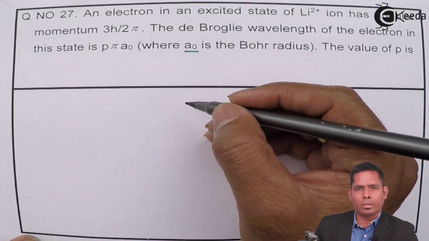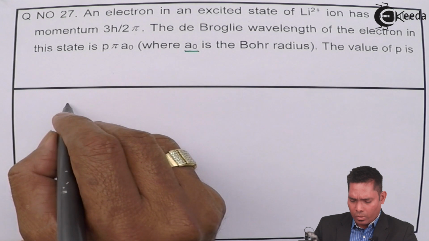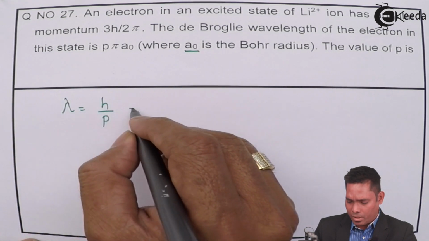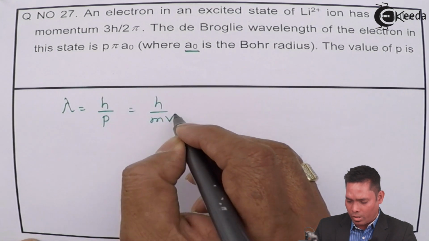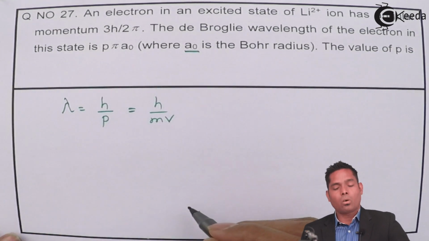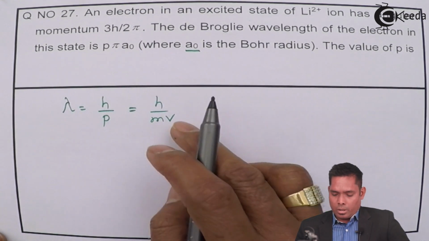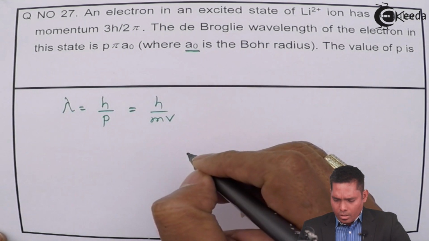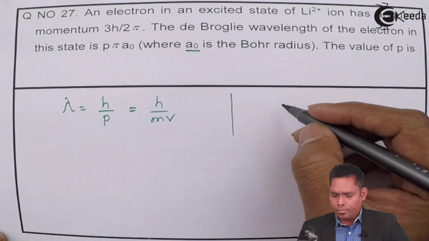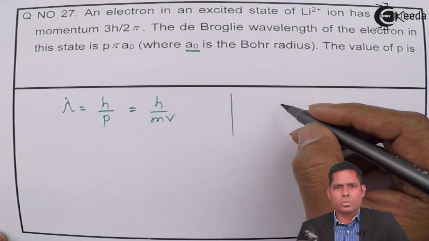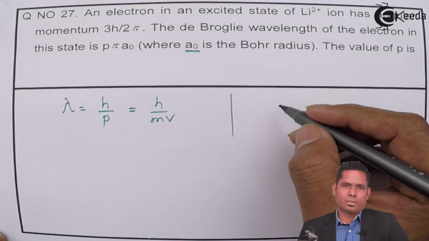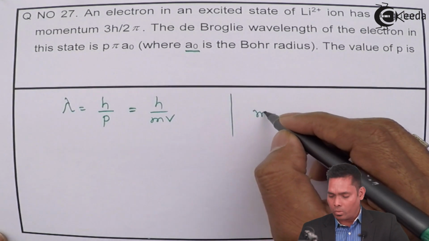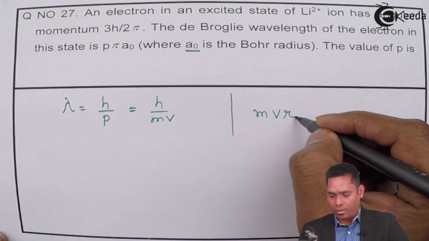So to find the de Broglie wavelength, we know that the de Broglie wavelength lambda is h over p, which is h over m into v. This is the momentum of the electron under consideration. Now, from Bohr's second postulate, the angular momentum of the revolving electron is mvr.